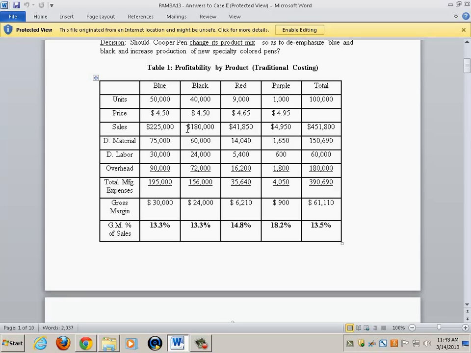Or maybe it's in time, and then you have to see what the costs of high inventory are. Can you keep pens in inventories without the ink drying up, for example?